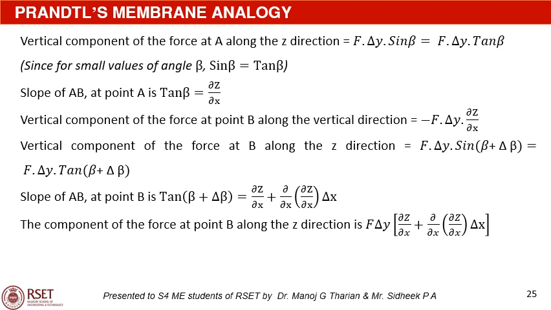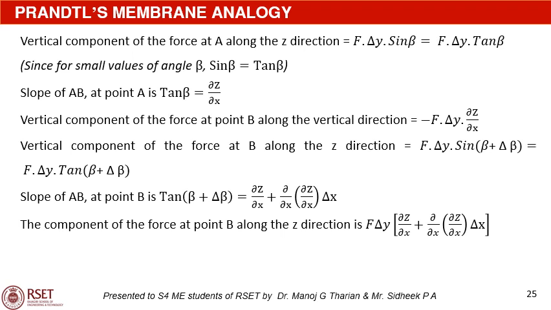Similarly, the vertical component of the force at point B along the z direction is equal to F into delta y into sine of beta plus delta beta, which is equal to F into delta y into tan of beta plus delta beta.